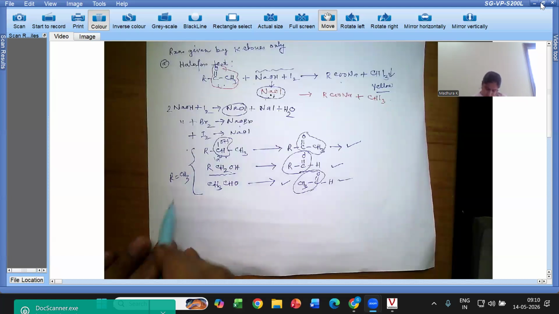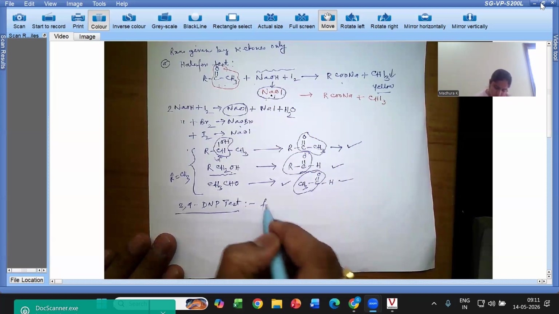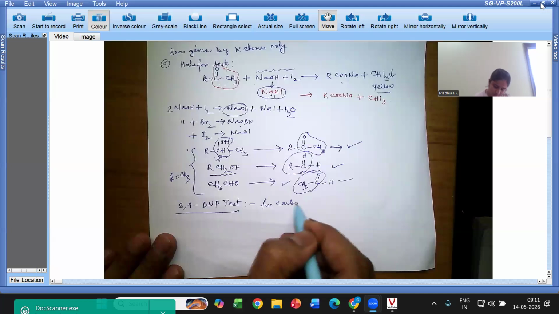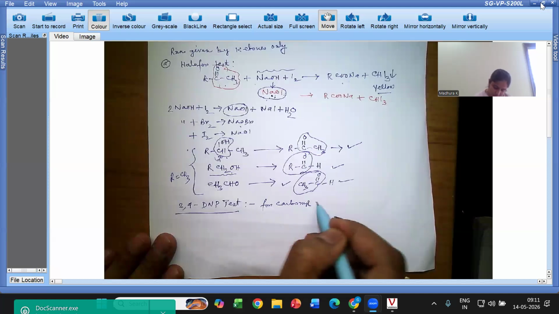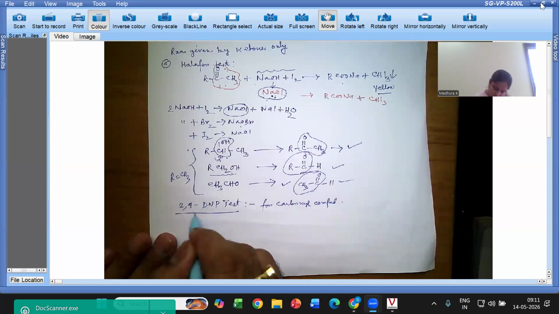Now another one called the 2,4 DNP test. For the 2,4 DNP test, this is basically for carbonyl compounds. This is called the Brady test.